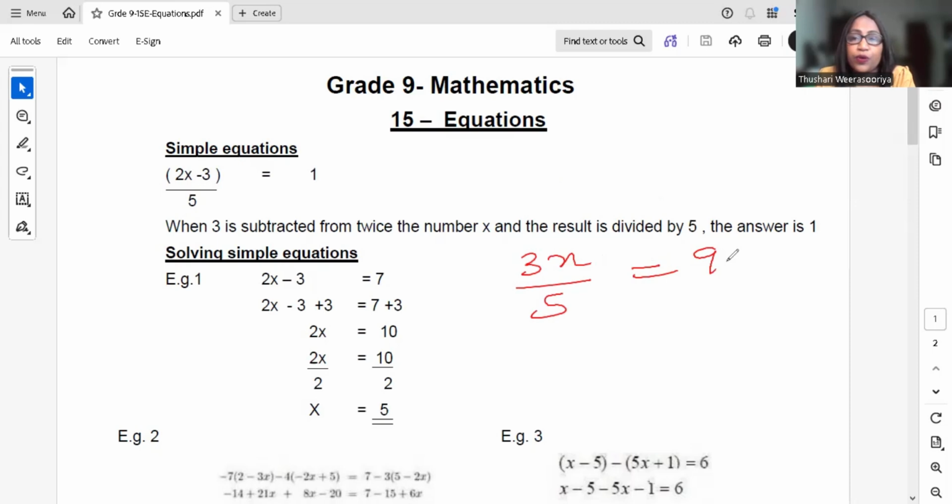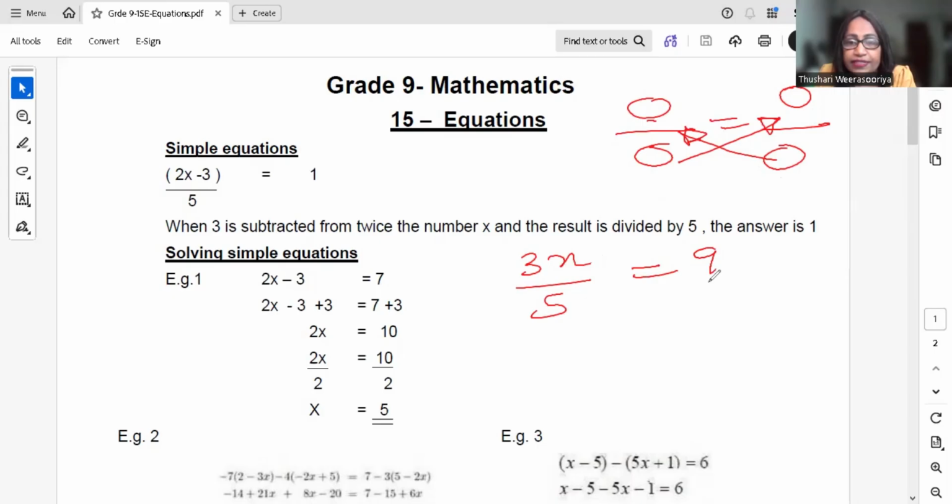Look at this. You get a fraction form. In this case, you get a fraction equals fraction. If you get two equal fractions like this, you can do the cross multiplication. You multiply this with this and this with this, crosswise. So that's called cross multiplication.